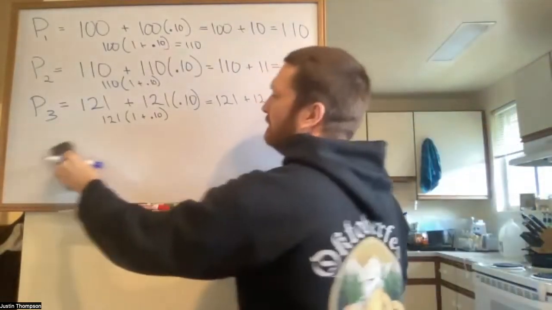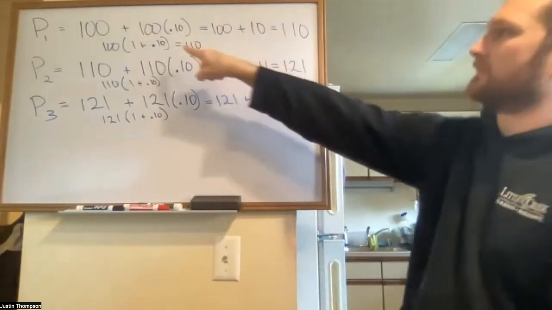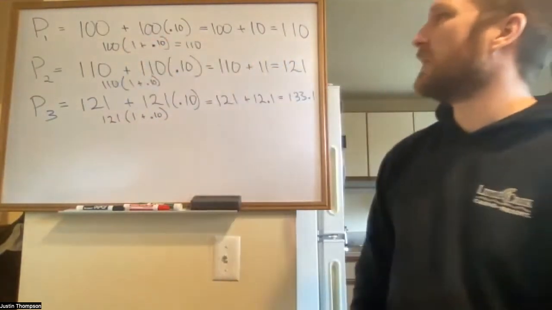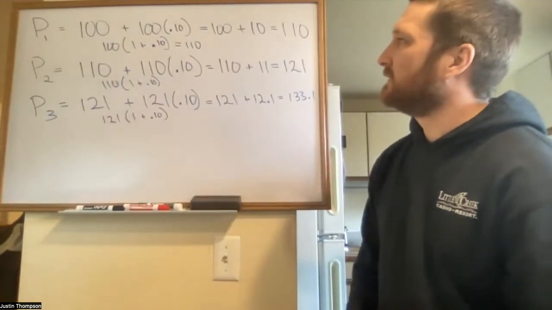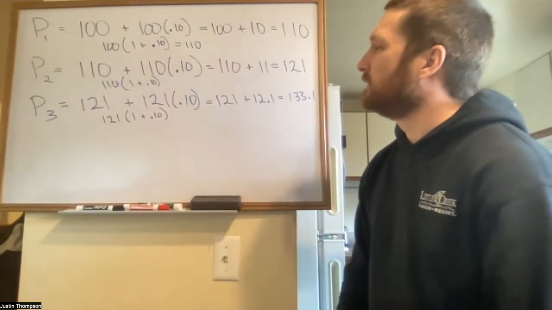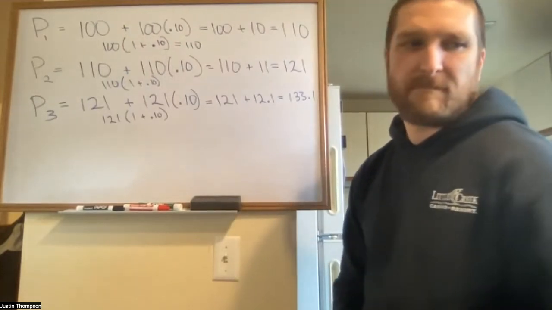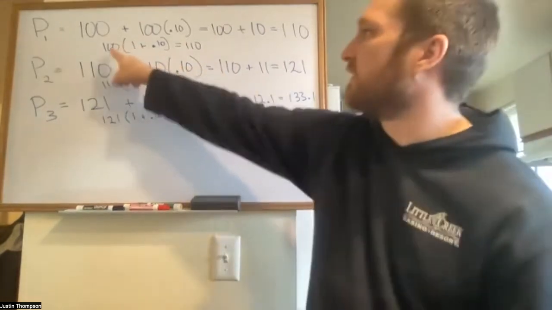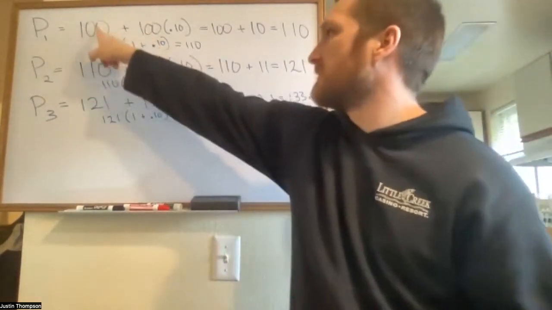Do you believe that? This times this is equal to 110. Yeah, right, because we did it explicitly. It's factored in. We said, okay, that's the same as 100 and that.